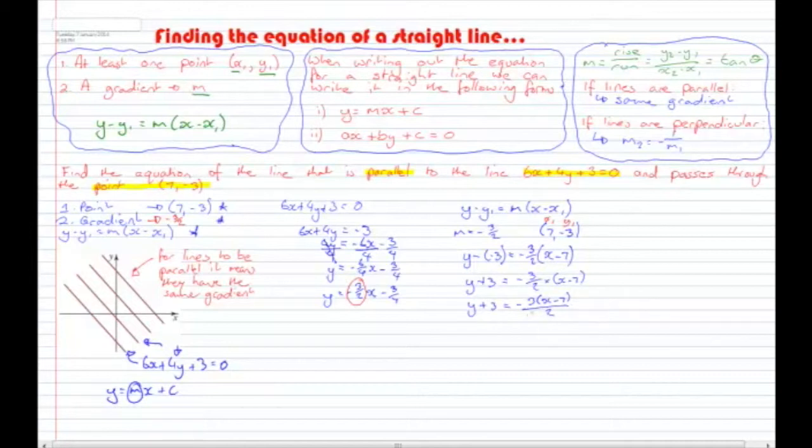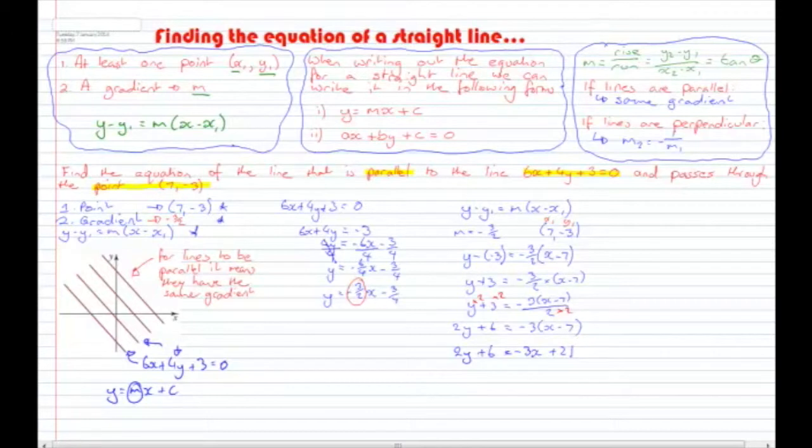Okay, so I don't like the fractions because I reckon they look ugly, so I'm going to get rid of this 2 by multiplying everything by 2. So we multiply that by 2 as well as everything over this side. So you end up with 2y plus 6 is equal to, the 2's will cancel out, negative 3 bracket x minus 7, and all of a sudden everything looks a lot more hunky-dory. So you get 2y plus 6 is equal to negative 3x plus 21.